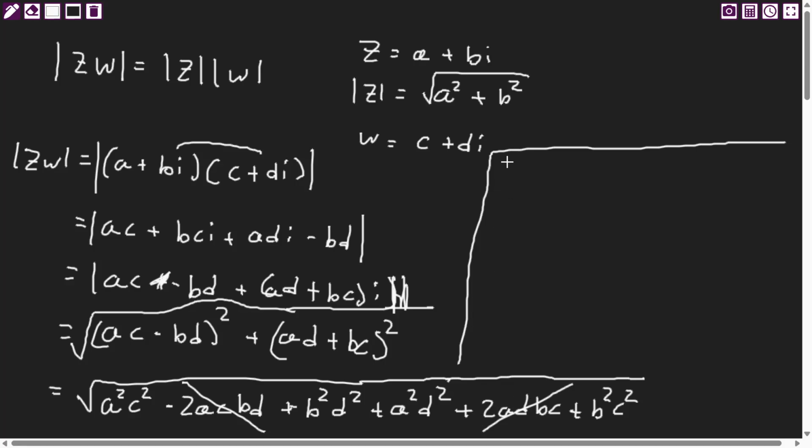And so now if we work out the modulus of z times the modulus of w, this is going to be the square root of a squared plus b squared multiplied by the square root of c squared plus d squared.